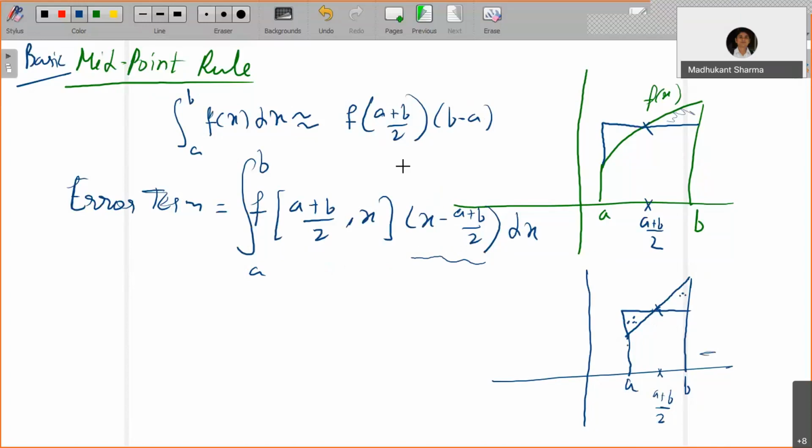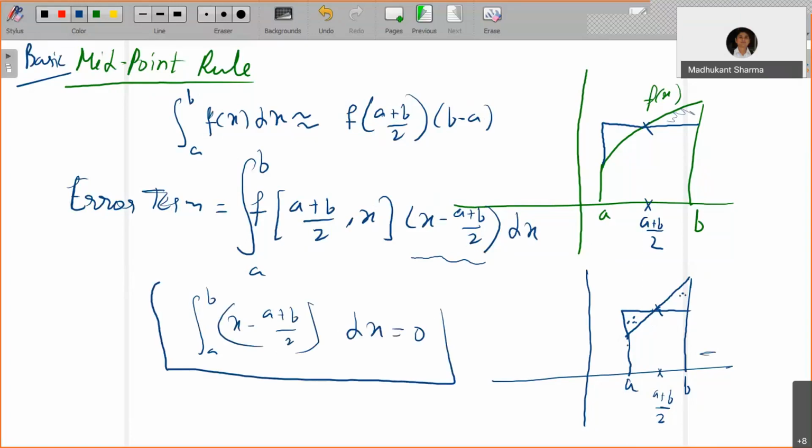You are going to use the recurrence relation of the divided differences. Also note that the integration from a to b of (x minus (a plus b) by 2) dx, you can show, is 0.